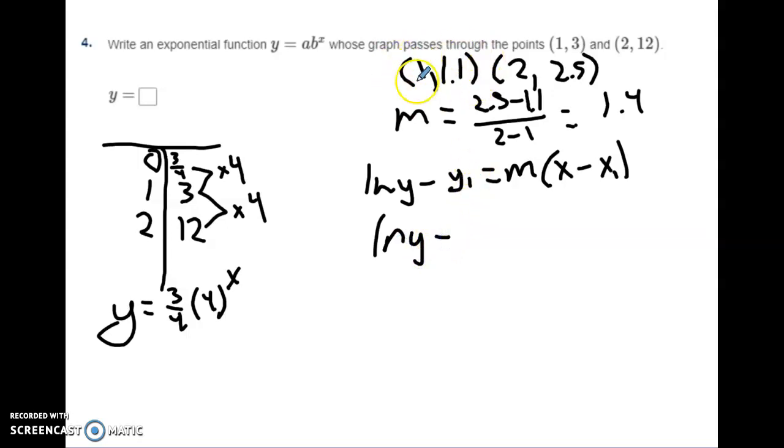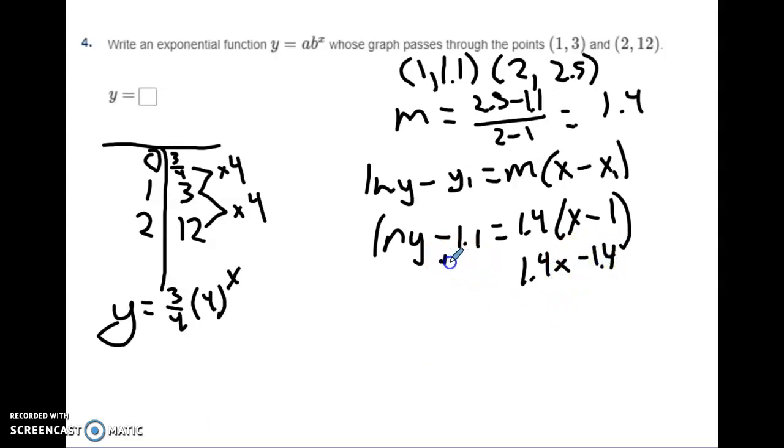I'm going to use this point (1, 1.1), so that's natural log of y minus 1.1 equals 1.4 times x minus 1, because the x value is 1. Distribute the 1.4, we get 1.4x minus 1.4.